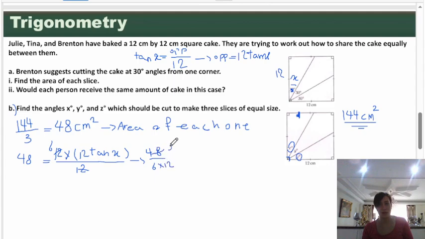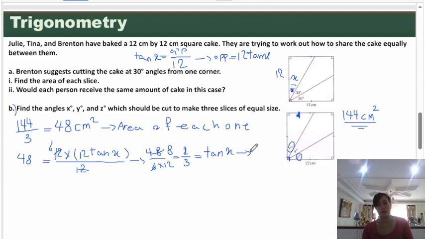It would be 8. I cancel out X here. So it would be 2 over 3 equals tangent of X. I take an inverse of this tangent.